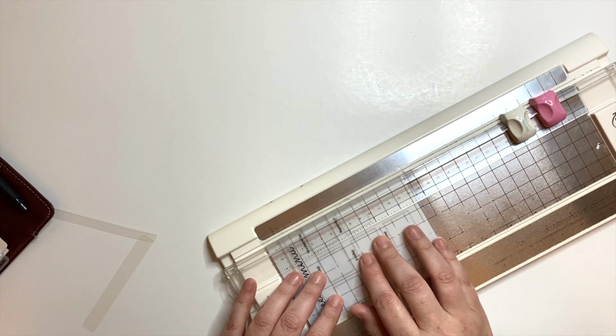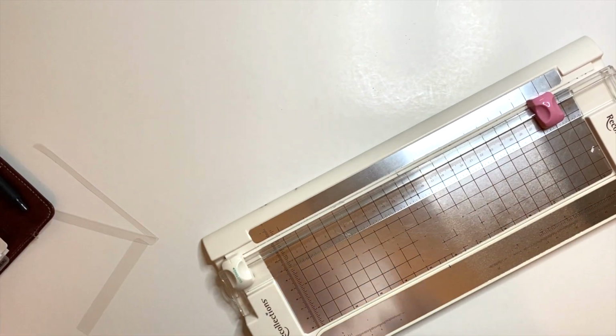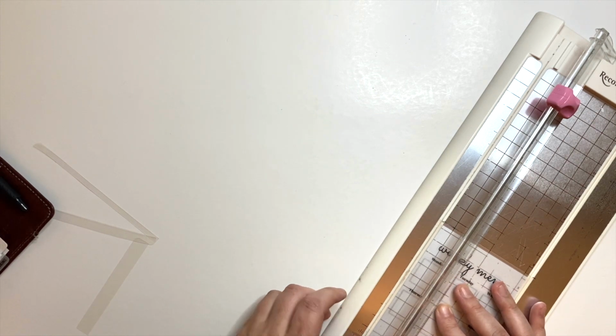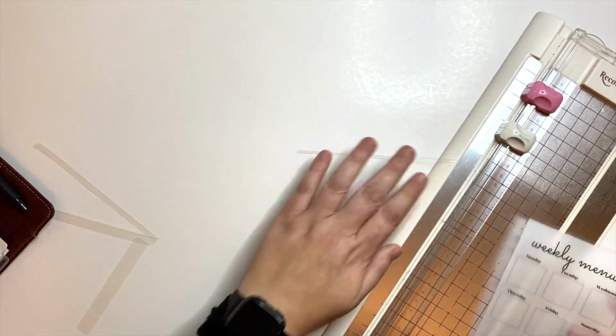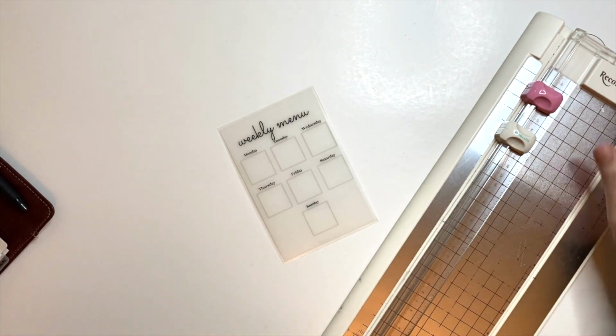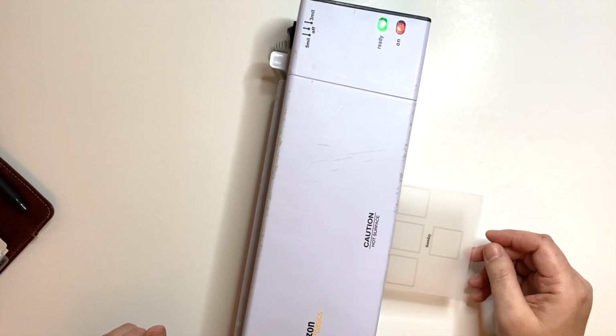I always like to leave enough so that it won't unseal. And then I run it one more time through, so that looks perfectly good to me. After I cut, just to make sure that I didn't break any seal, I like to send it back through the laminating machine.